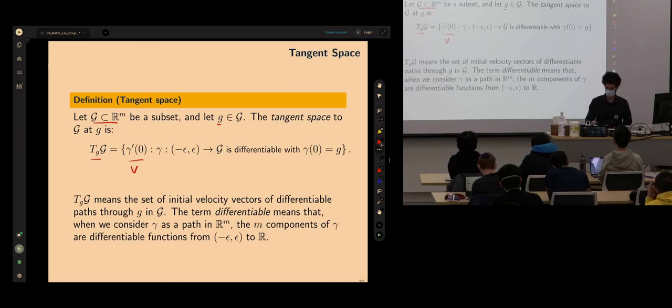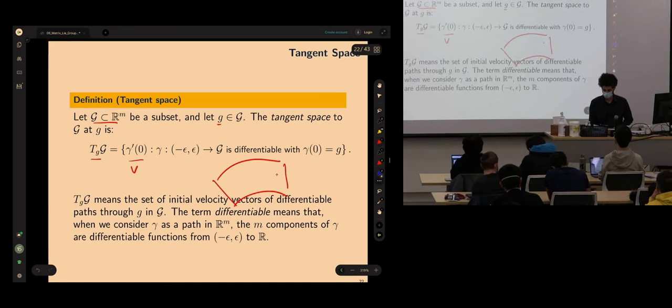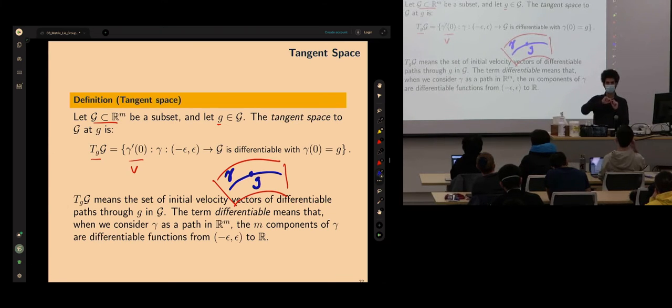It's precisely this shape: I have this manifold G, and I have a path, this is gamma. Take a path that goes through G. Define a neighborhood here.